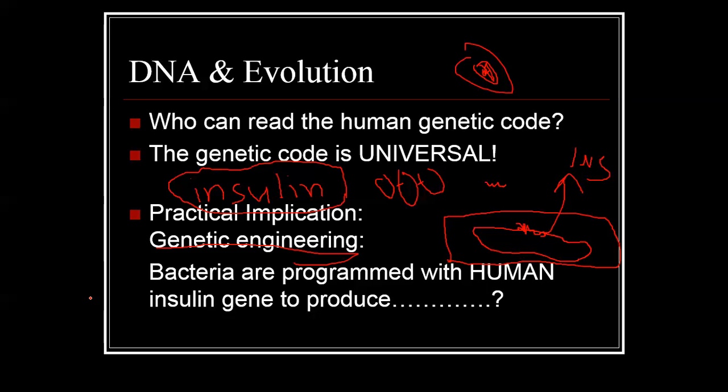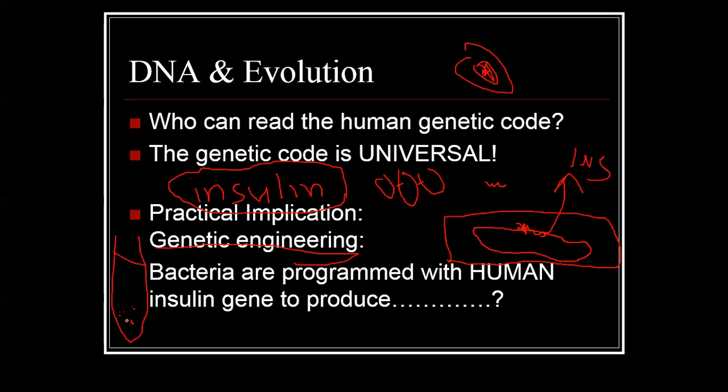So again, if you have a test tube that's just full of these little bacteria cells, they all are cranking out insulin. You can make large quantities of human insulin, which we can then purify and give to diabetics. And humans are not allergic to human insulin. So again, the universal code of life is not just a philosophical thing like, oh, evolution happened millions of years ago, but we really don't care about it today.